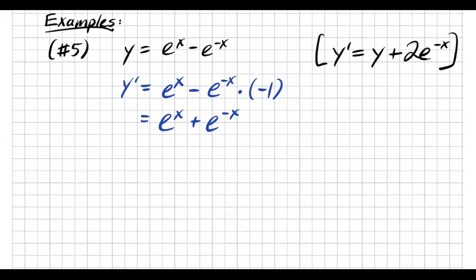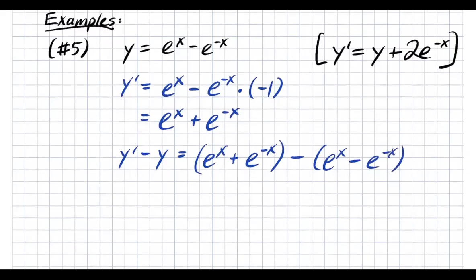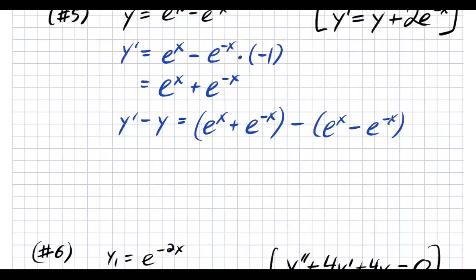Okay, so now let's have a look at y prime minus y, and let's see what that equals. So y prime is e to the x plus e to the negative x. So that's y prime. And then we'll subtract y, which is e to the x minus e to the negative x. And we see that this e to the x cancels this e to the x.